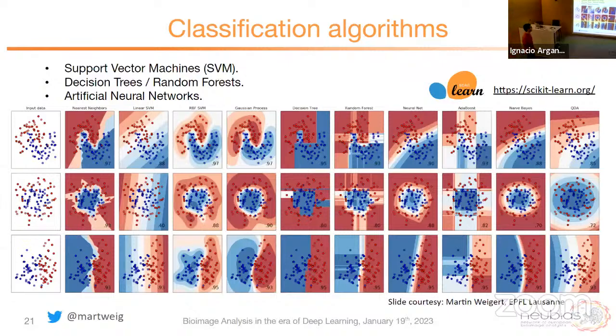At the end of the day, they're just different approaches to separate your data points in feature space, either linearly or non-linearly. Okay, so some of them could be faster, some of them could be slower, but at the end of the day, if you want to try something fast, you can use this type of classifier.